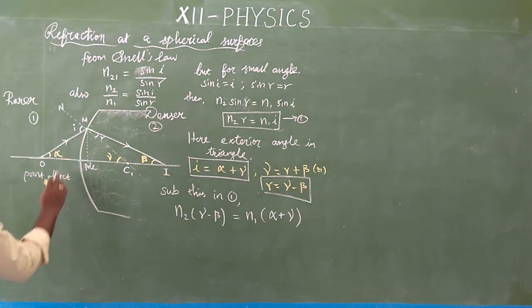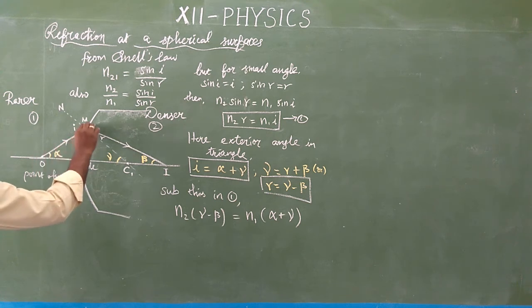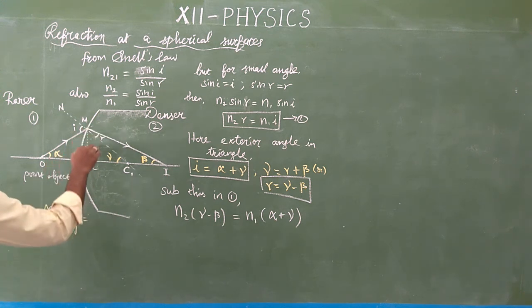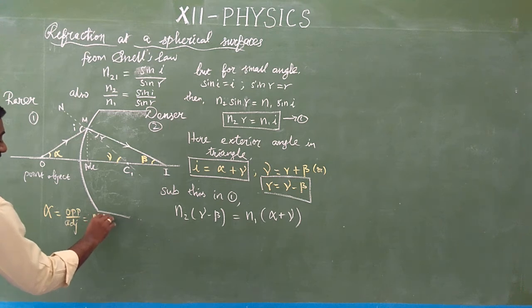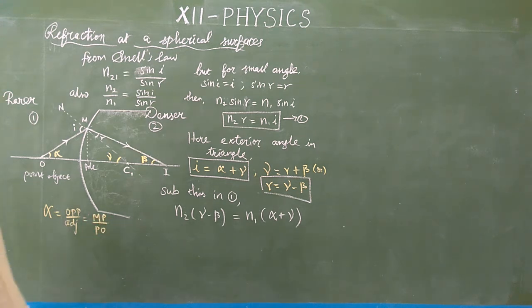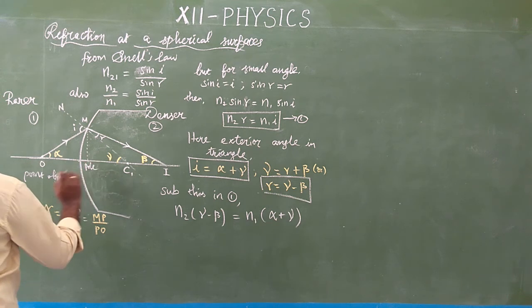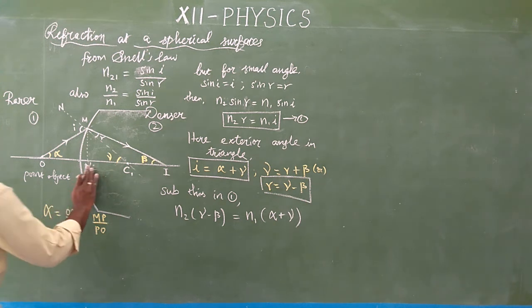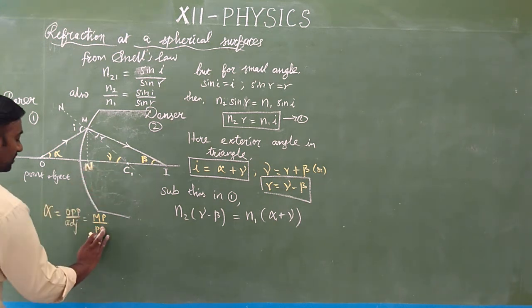So here alpha is equal to, consider this triangle, opposite by adjacent. What is opposite? MP divided by PO. Or you can consider the MN itself, no need for MP. We'll consider this pole as MN.